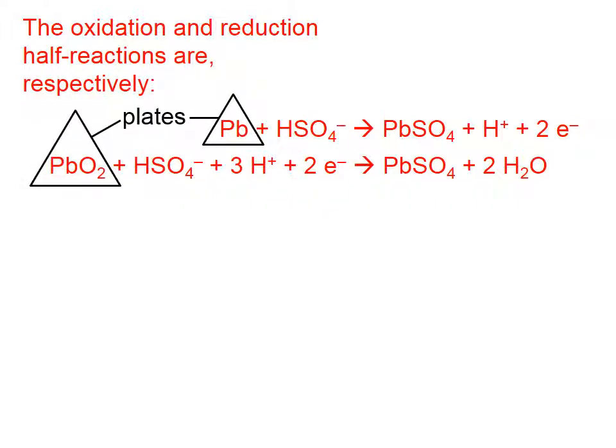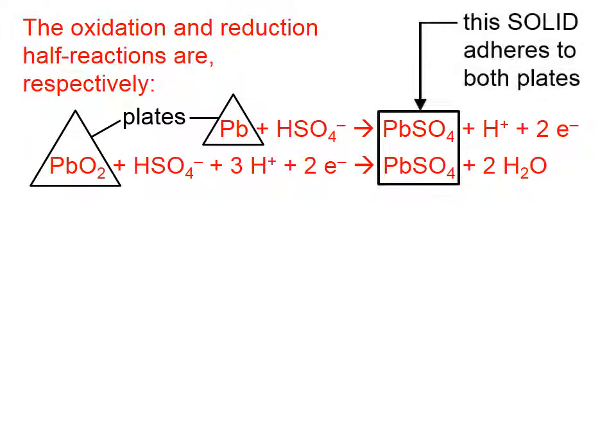Let's diagram what we're dealing with in these equations. There are the two plates, right? You've got lead plates in the battery and you've got lead 4 oxide plates in the battery. Both of the reactions, the oxidation in the case of the lead and the reduction in the case of the lead 4 oxide, yield, among other things, this product, lead 2 sulfate, which is a solid.